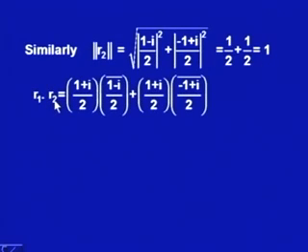Now, R1 dot R2, that is the inner product of R1 and R2, it is (1 plus i)/2 multiplied by the conjugate of (1 minus i)/2, plus (1 plus i)/2 into the conjugate of (minus 1 plus i)/2.